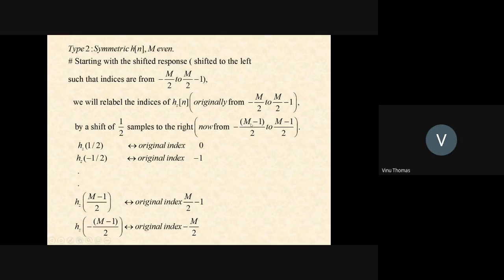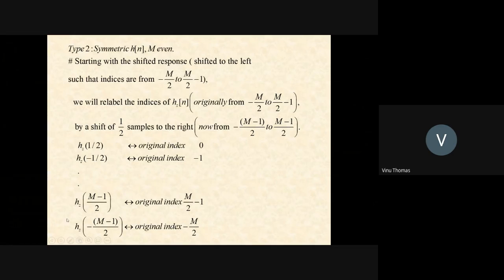See that M is now even, so M minus 1 is odd. So minus (M minus 1) by 2 will be a multiple of 1 by 2, and (M minus 1) by 2 also will be a multiple of 1 by 2, which are exactly odd multiples of 1 by 2. Which means the original index 0 will have a sample h of half.